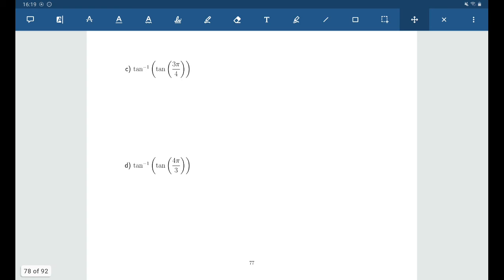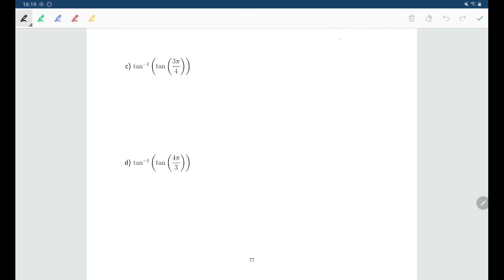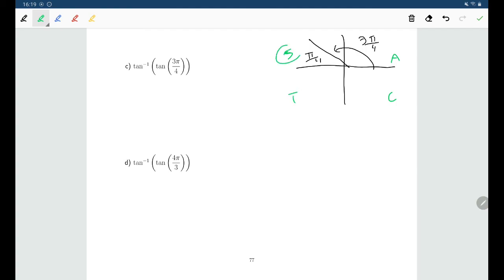For the next two, the angles that we have, 3pi/4 and 4pi/3, neither of them are in our little restricted domain. So if we're thinking about 3pi/4, that has a reference angle of pi/4, and in that quadrant, tangent is negative. Sine is the only thing positive in this quadrant, of course, and cosecant.